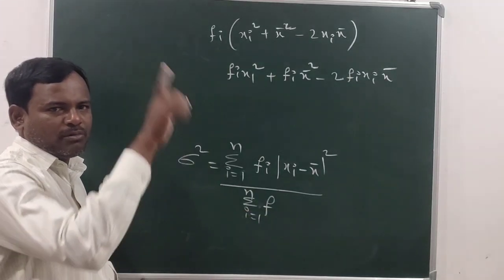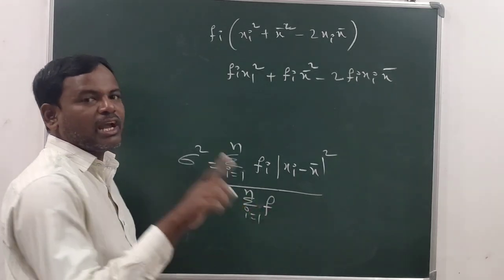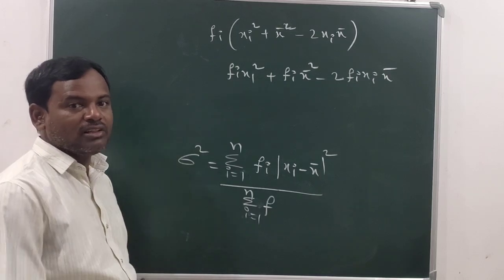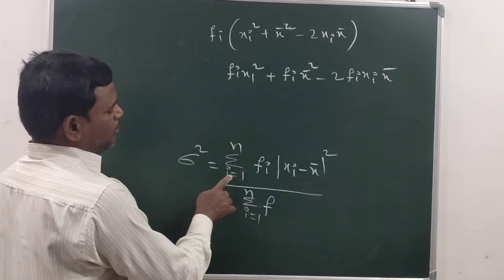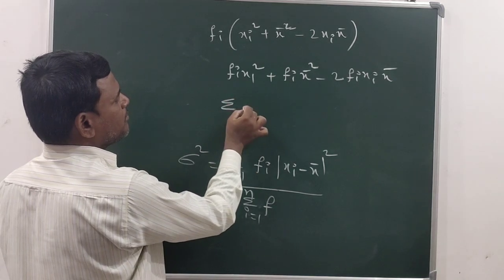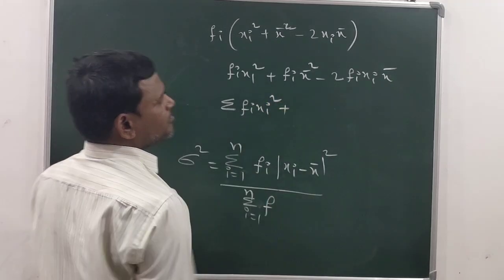Sigma f means the sum of all the observations. In some books they represent this with capital N also. Capital N means the sum of all the frequencies. Now apply the sigma symbol to all of them: sigma fi xi square.